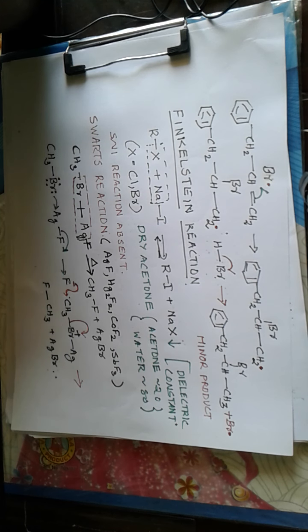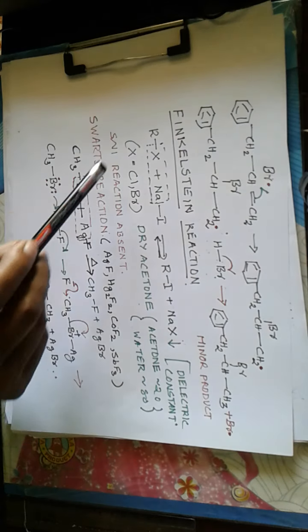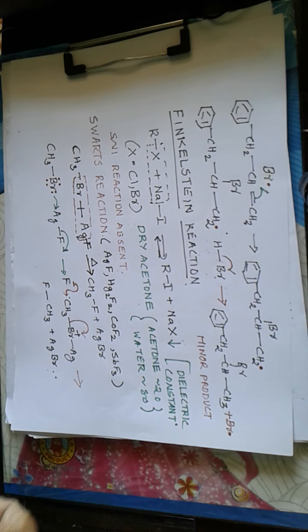So SN1 reaction is absent in dry acetone. So the Finkelstein reaction does not favor SN1 reaction, so tertiary alkyl halides do not react by the Finkelstein mechanism. So we cannot use a tertiary alkyl halide for a Finkelstein reaction. We can use only primary alkyl halides, because dry acetone is a less polar medium. It will not favor the rate determining step of SN1 reaction, that is hydrolysis or ionization of the alkyl halide.